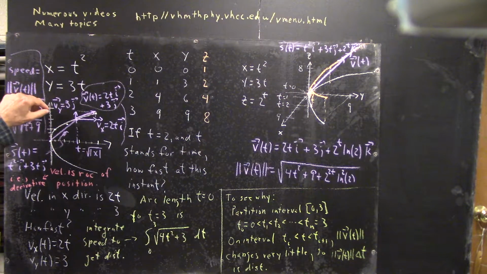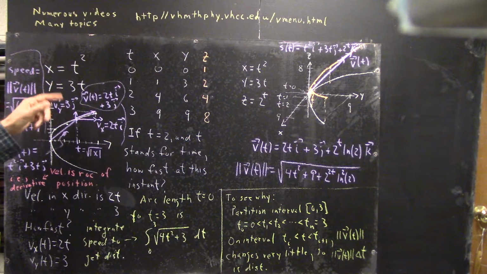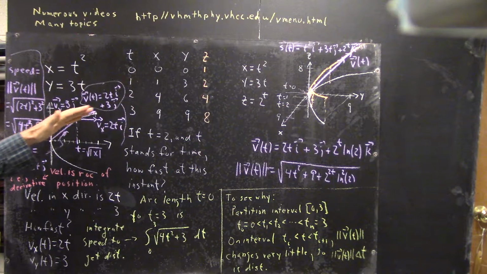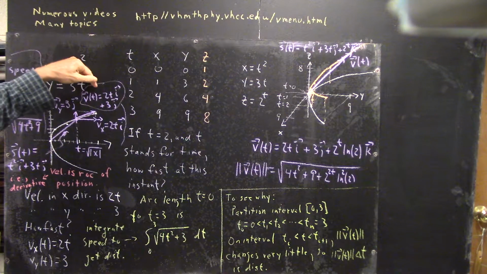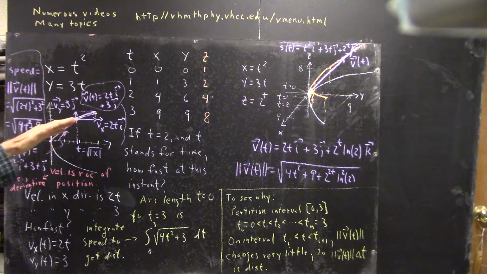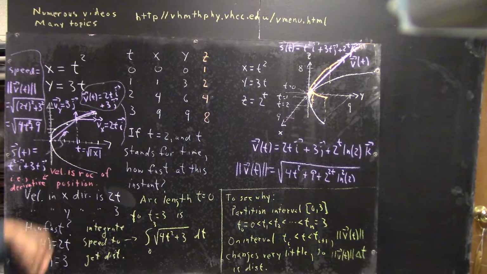Okay, so we have these two components of the velocity, and we add those two components and we get the velocity, both the magnitude and direction. In other words, the magnitude and direction of this velocity vector will be the magnitude and direction of the particle's velocity at the instant when time is t.